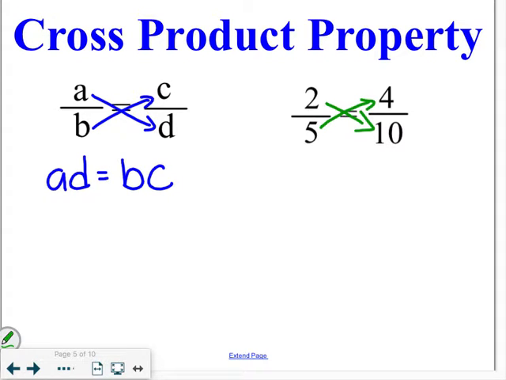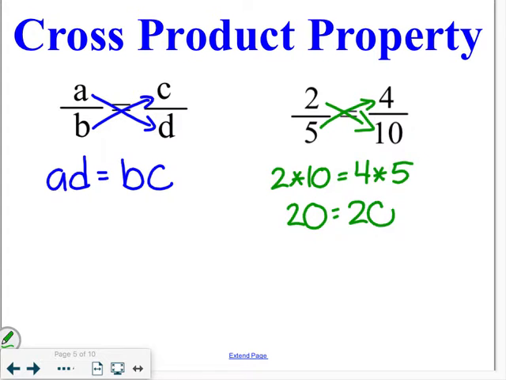To double check that, you are able to use the cross product property. So 2 times 10 is equal to 4 times 5. 20 is equal to 20. If I set it up, for example, with something that's not equal, so 2/5 we know is not equal to 1/3.